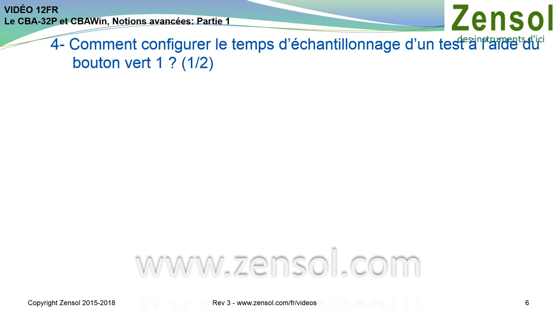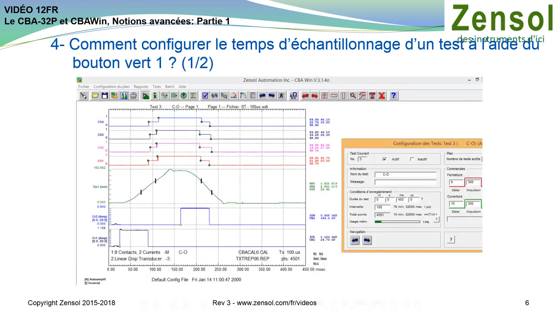This value, typically between 100 and 300 microseconds for closing and opening tests, actually represents the precision and level of detail you want to see in your signals. By analogy, a photo taken with a cell phone will be of lower quality than one taken with a professional camera. This slide shows the recording of a 450 millisecond FO operation of a circuit breaker simulator.